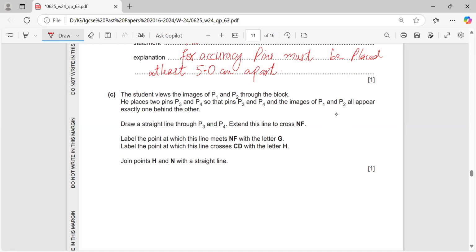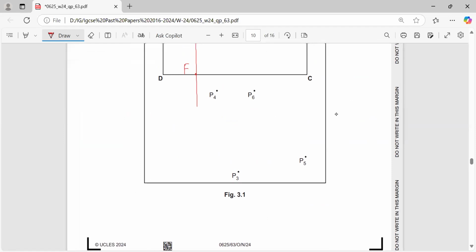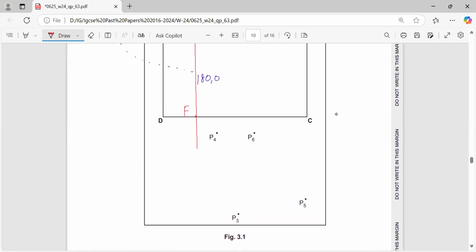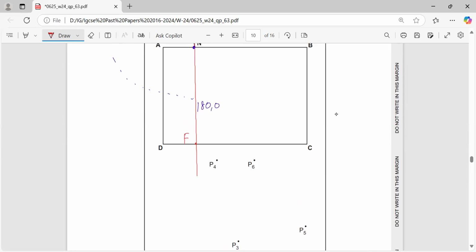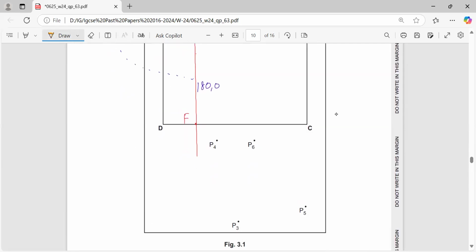Label the point at which this line meets NF with the letter G, and label the point at which, okay, one by one. First of all, we are supposed to follow the instructions. He's saying join the points P3 and P4 and keep on stretching it till it touches the NF line. Dear friends, now I will keep changing these colors so that things are very clear.